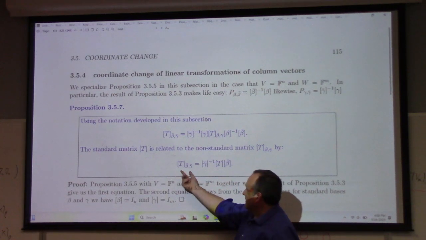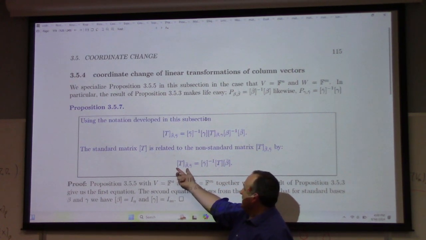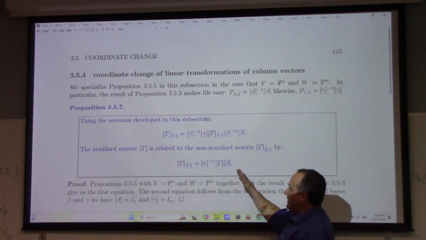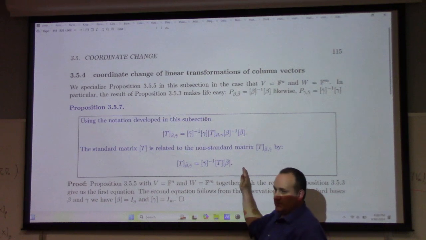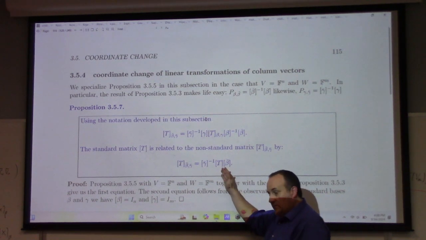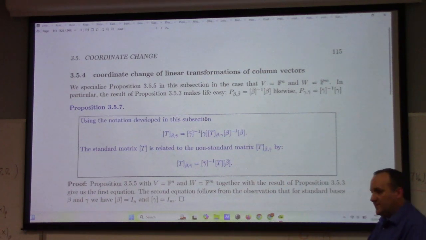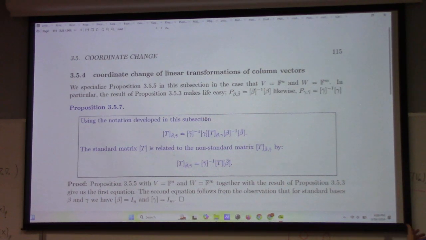This is how we can calculate the matrix for a linear transformation of column vectors with respect to a non-standard basis in the domain and codomain, simply by multiplication. But as I've shown you today, in an abstract vector space it's more complicated: we actually have to sort through the coordinate maps. If you understand the diagrammatic argument that I gave you, you don't have to memorize anything. You can simply derive it whenever you need to.